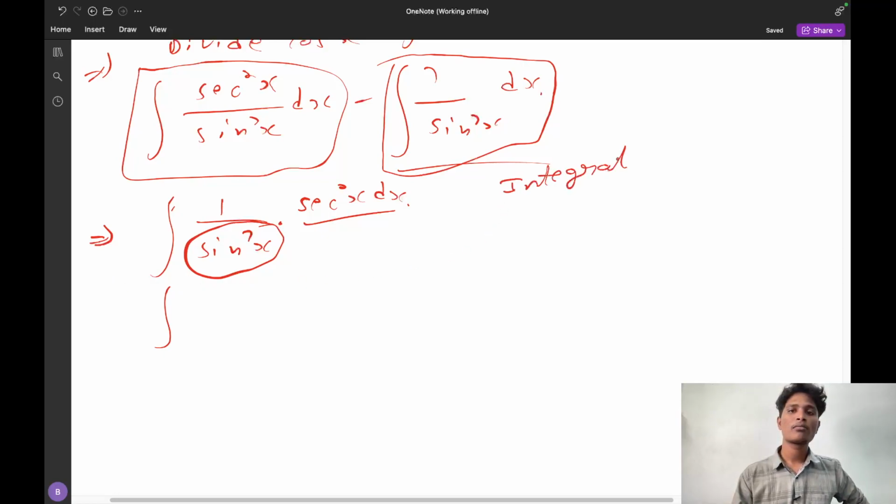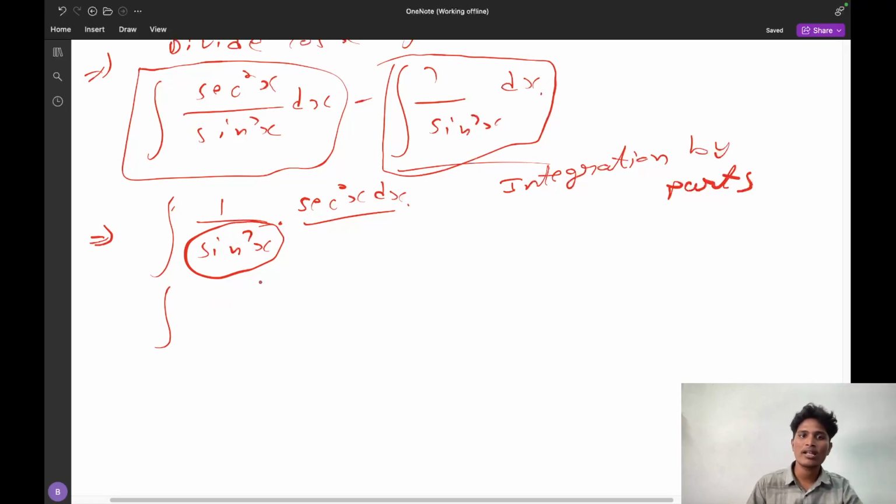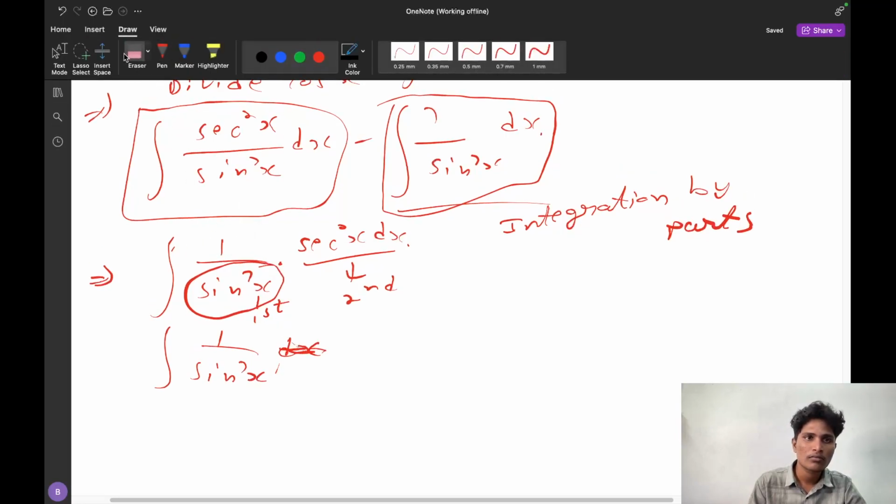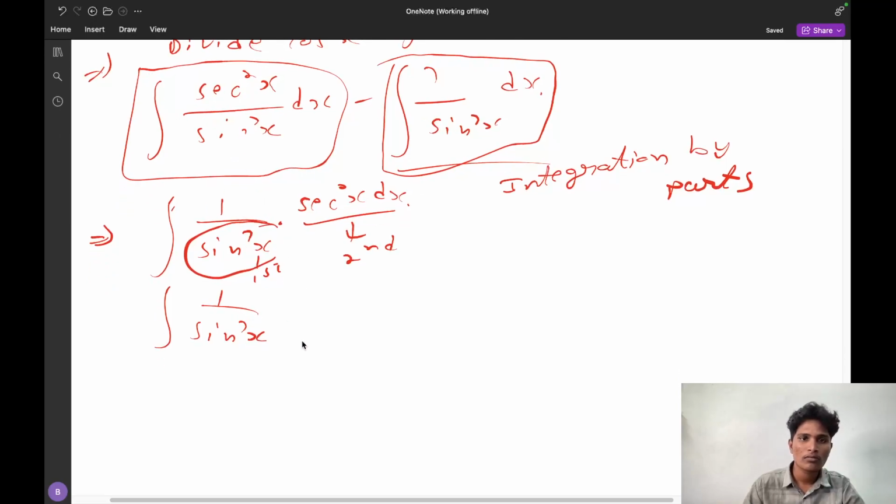When we apply integration by parts, the first function is the non-integrable, differentiable function, and the second function is the one we can integrate, because we know the integration of sec²x. So the first function is 1 by sin^7 x, and the second function is sec²x dx.